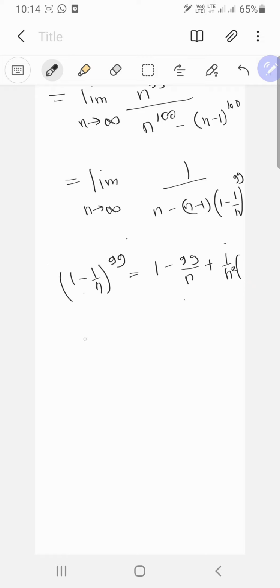Multiply this by n and you get n minus, oh it's plus, because minus n times minus 99 upon n.